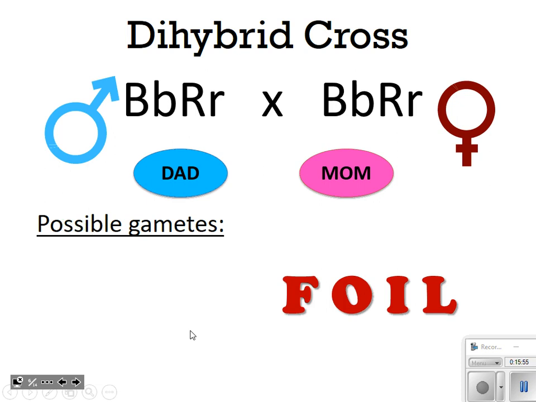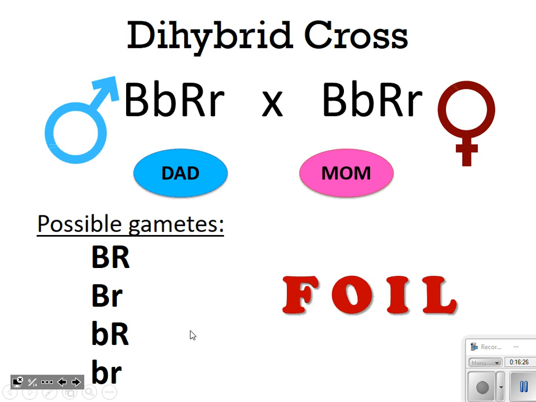Now, once again, we come back to our dihybrid cross, where dad was heterozygous and mom was heterozygous. So let's check this out. What are our possible gametes when we FOIL this? We already did this, didn't we? Our possible gametes were these 4 when we FOILed it.